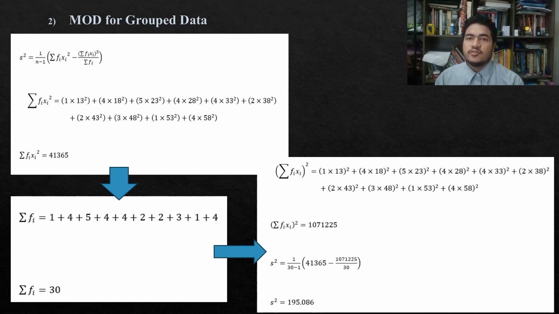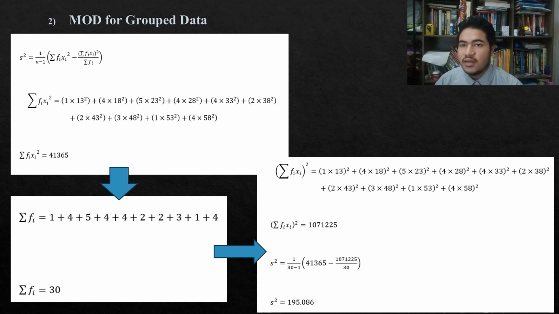Let's move on to the variance of group data. This is the variance of the data as shown in the formula. First of all, we find the sum of the frequency times x squared, and we substitute all the values shown in the table, and we got 41,365. For the second step, we find the total frequency, and we got 30.